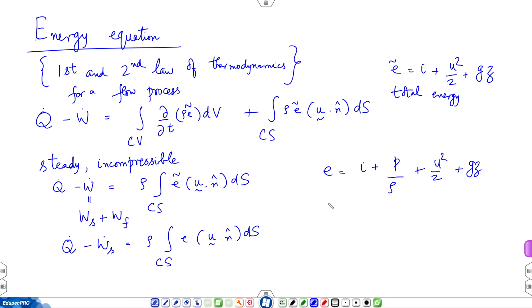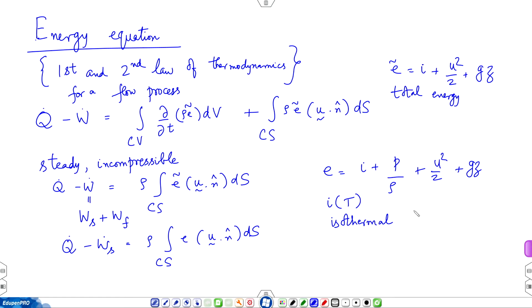So, here we note that for a pure substance, I will be a function of P and T, but because it is incompressible, it is only a function of T, and now we require it to be isothermal. That means there is no change in I during the flow process. Everywhere temperature is constant.